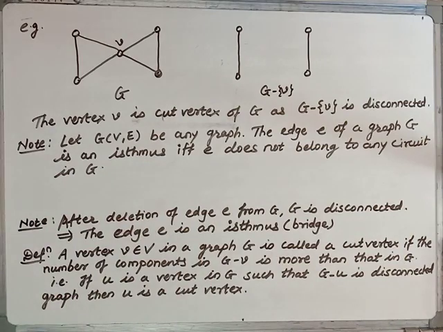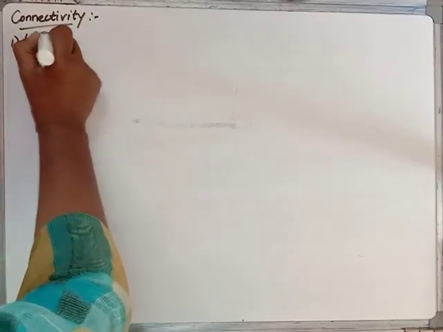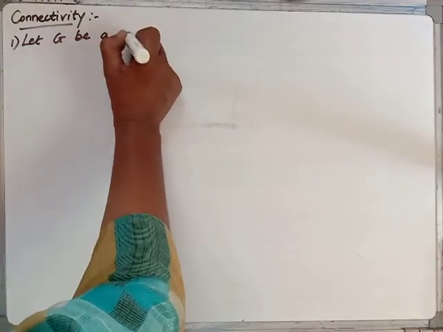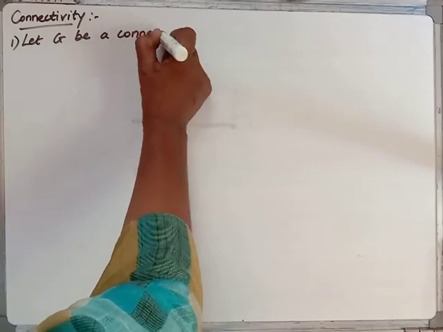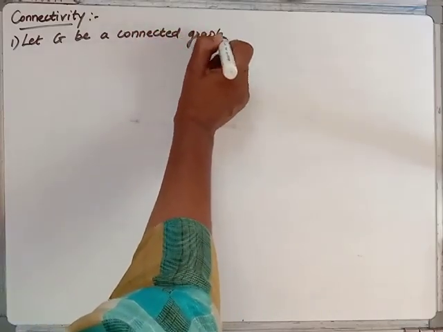Now the next definition is that of connectivity. First one, let G be a connected graph.